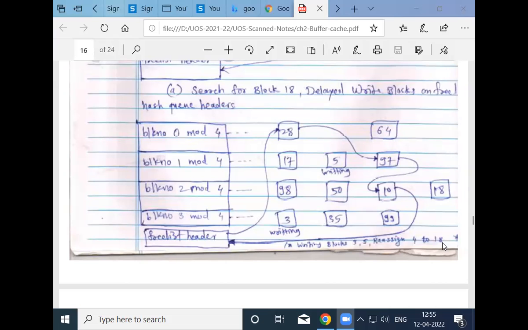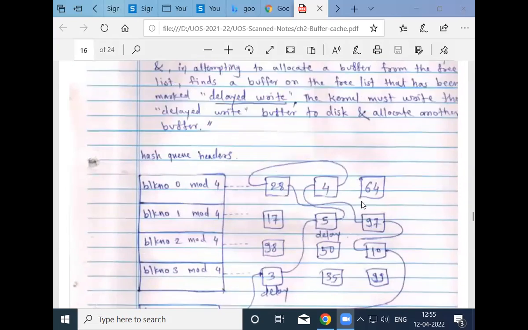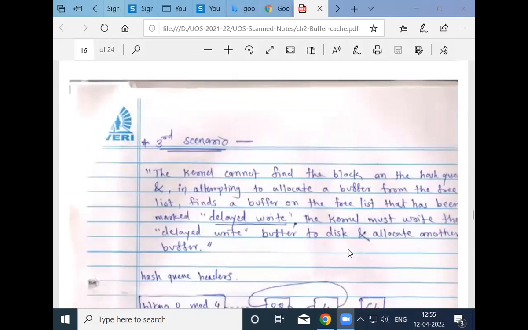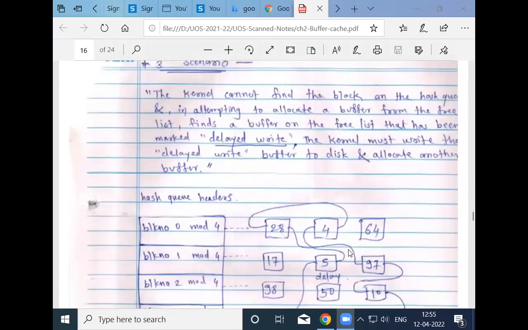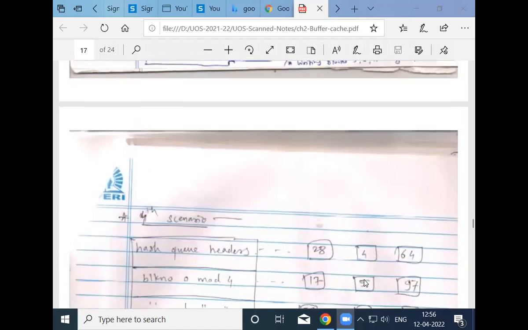Now is it over? Yes, ma'am. Over. Okay. So this is about the third scenario. So we'll proceed further. If anybody is having doubt about the third scenario, they can ask me the question. If you understood the third scenario, if you are not having any questions, we'll proceed further to the fourth scenario.